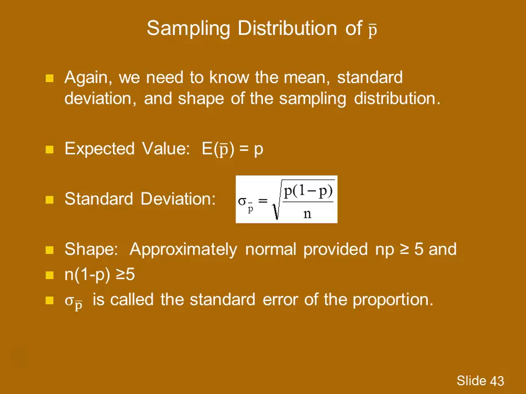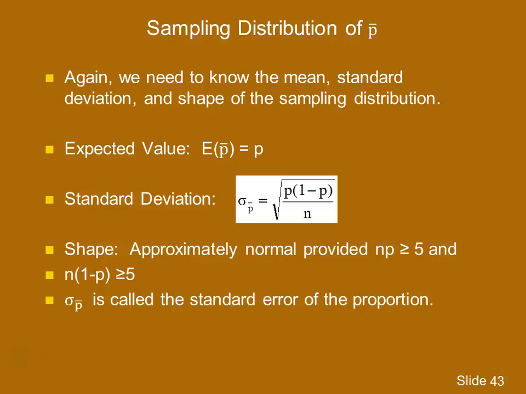Finally, and this also shouldn't be too surprising, we're going to argue that the distribution of p-bar is approximately normal provided n times p and n times 1 minus p are at least equal to the number 5. You might recall that was the same criterion we had when we did the normal approximation to the binomial distribution.